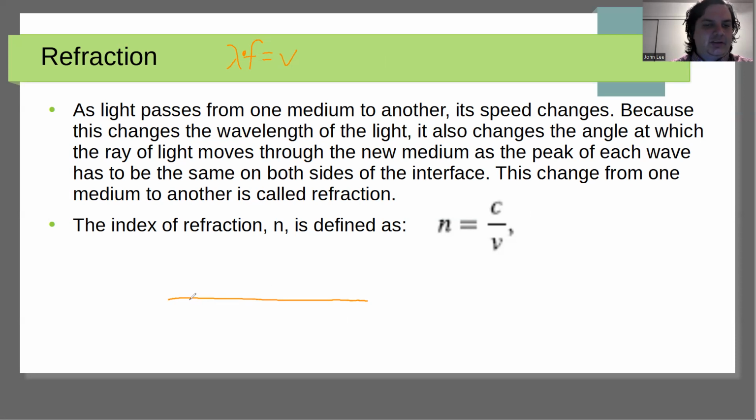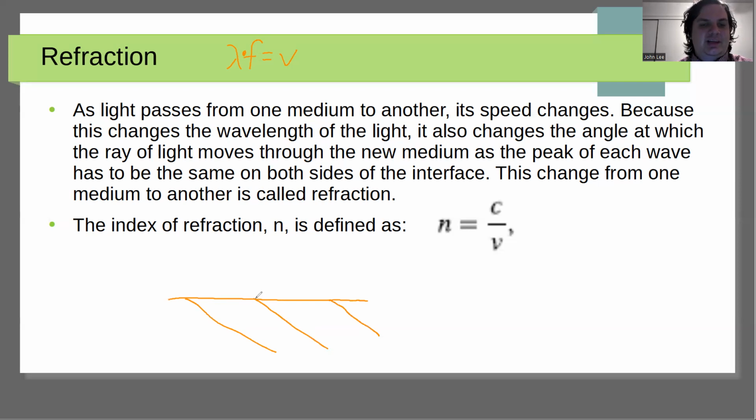So to demonstrate this, I'm going to use something called plane waves, which are basically just drawings where each line represents the peak of a wave.